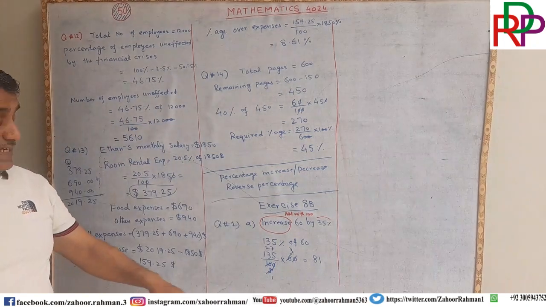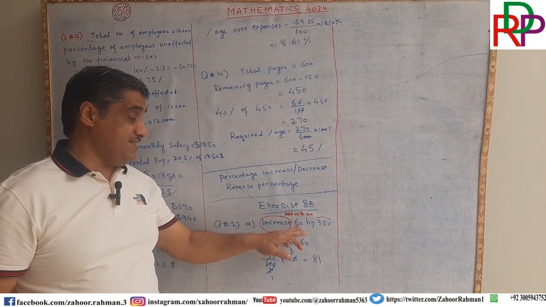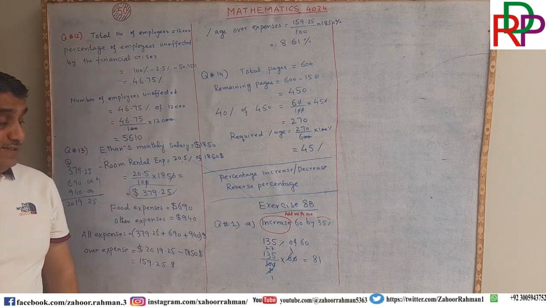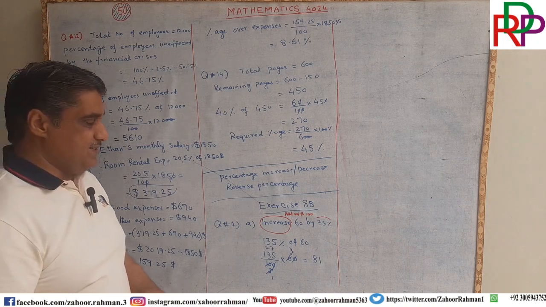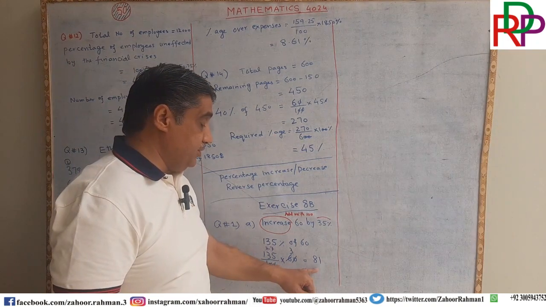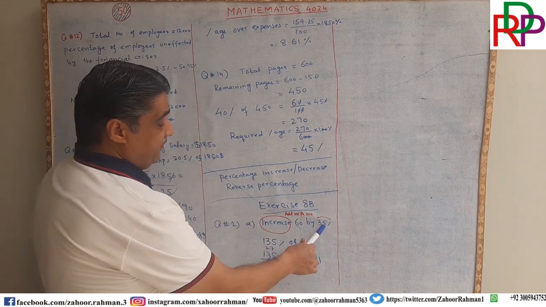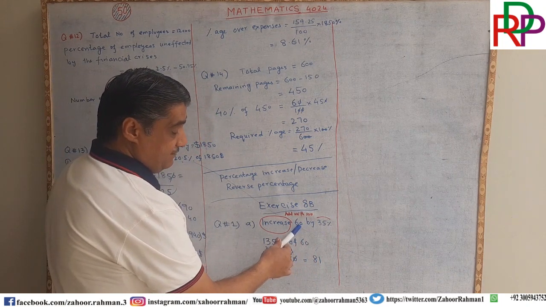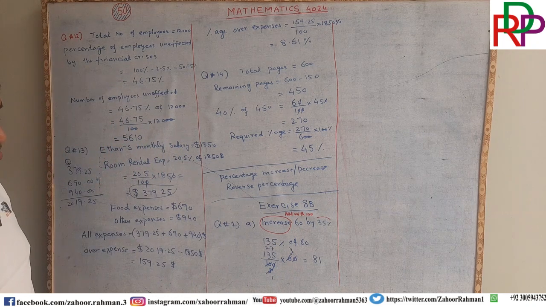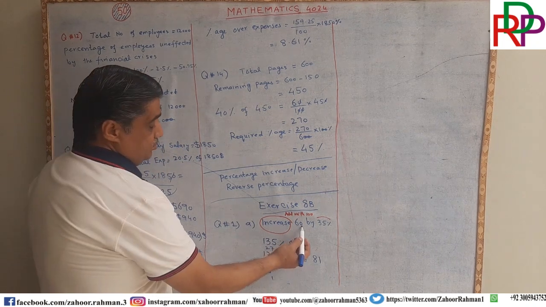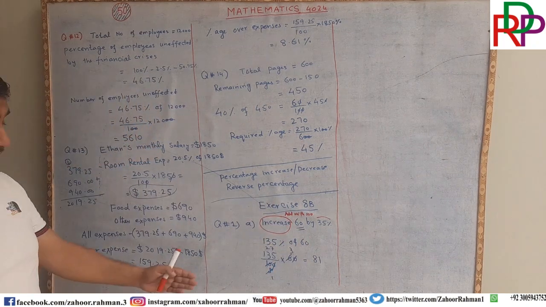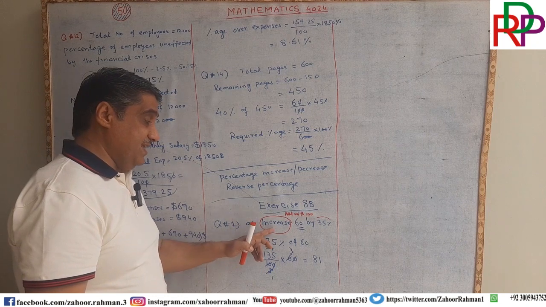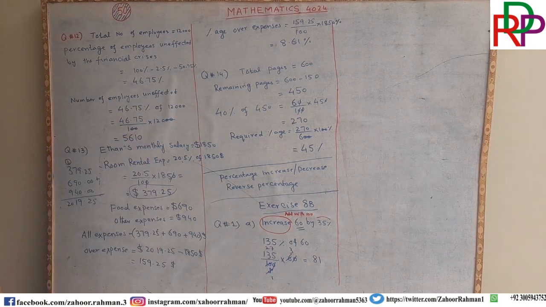So when 60 is increased by 35%, the new value is 81. This is very easy, but if by certain means it looks difficult to you, then find the 35% of 60. Whatever result is coming, you have to add that to the 60. Again, you will get the same. So you can do directly 135.